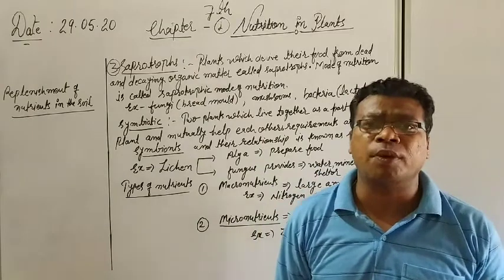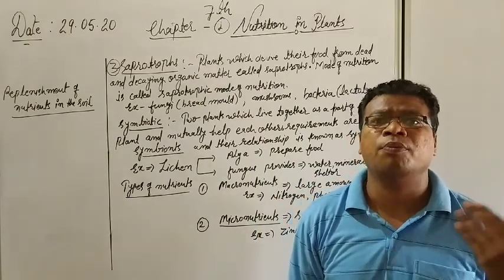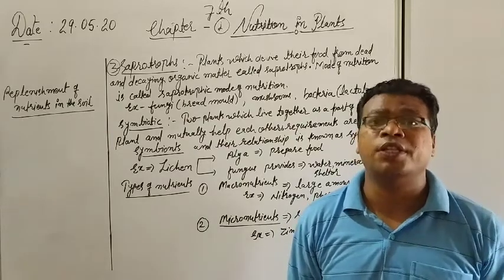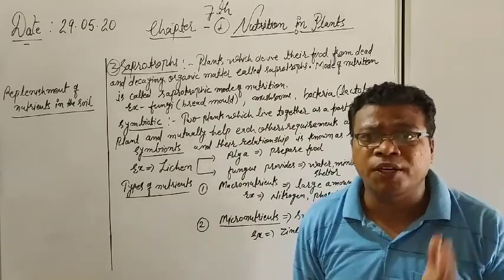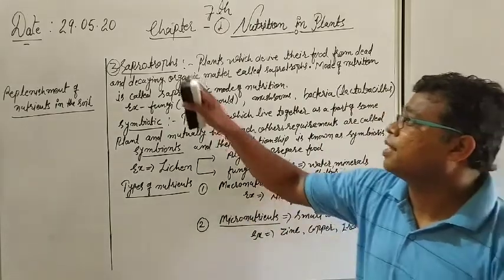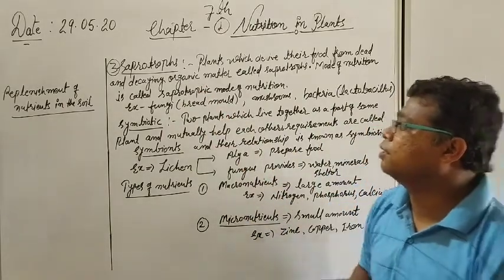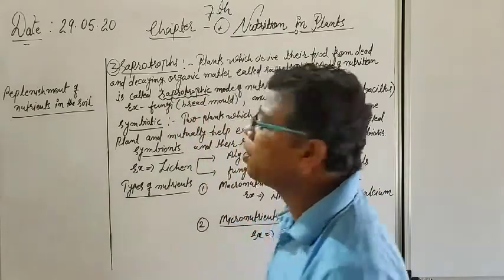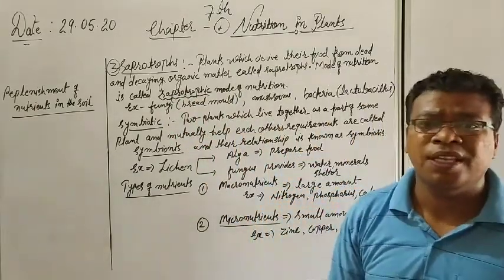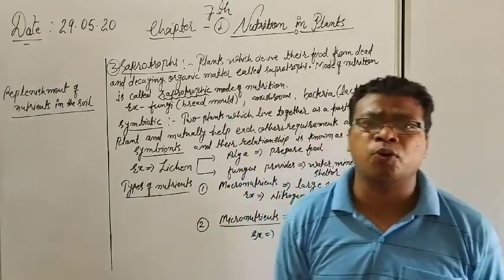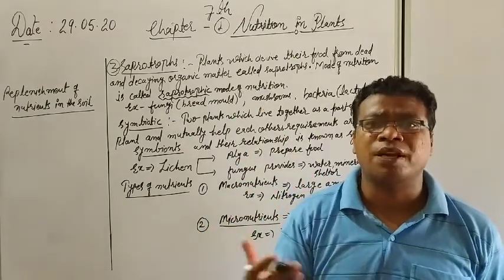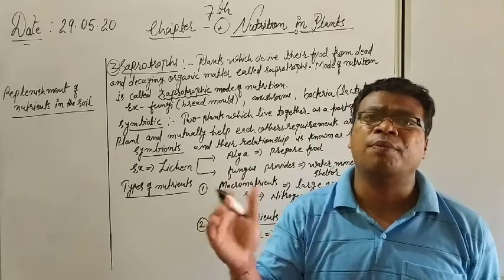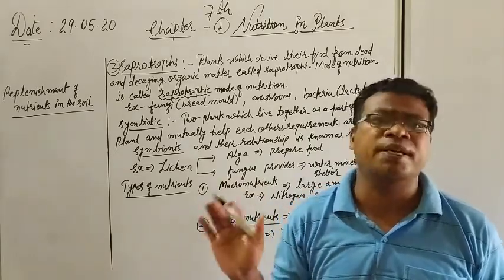Saprotrophs are the plants which get their food from the dead remains of plants and animals. This is a sufficient definition.